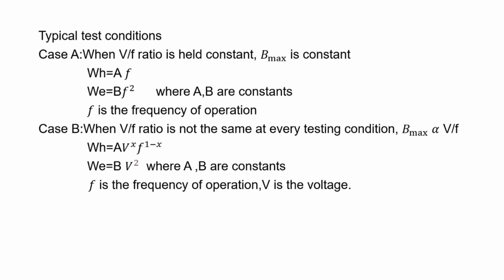Therefore, WH can be simplified into WH equal to A V raised to X F raised to 1 minus X, and WE equal to B V squared, where A and B are different constants of proportionality. F is the frequency of operation, X is the Steinmetz exponent, and V is the applied voltage.